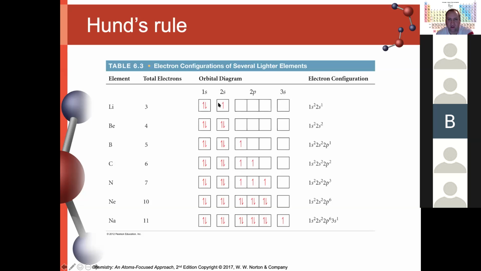We start to fill the 2s. Once the 2s fills up, we start to fill up the 2p orbital by orbital in that sublevel until we have to pair them up. Once we pair them up, then we move on to a new energy level, the 3s, because that's the next lowest in energy.